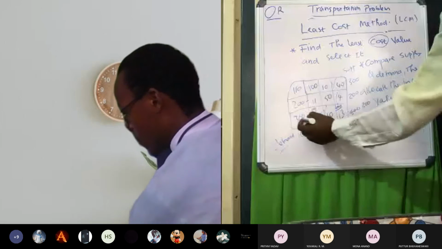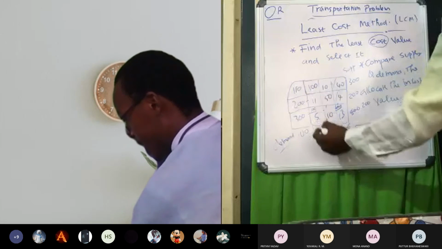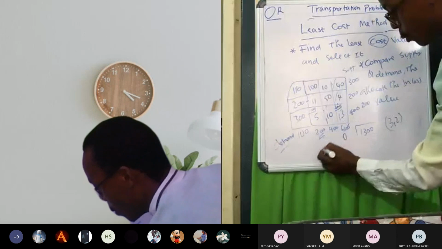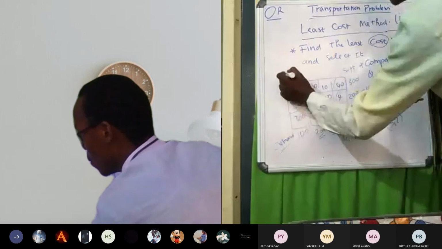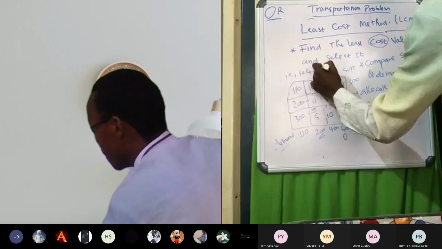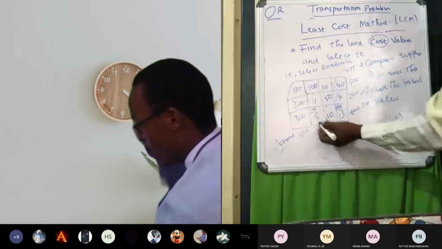You can select this one or this one because of the tie. When there is a tie, select randomly. So for our problem, we are going to select randomly.